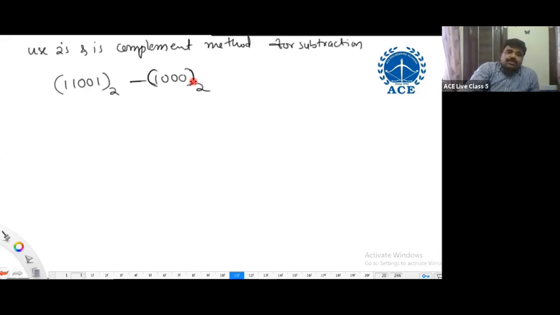To say the difference, I can say directly 10001 is the result because I can subtract directly. But how we are getting questions in objective exams is based on the procedure.